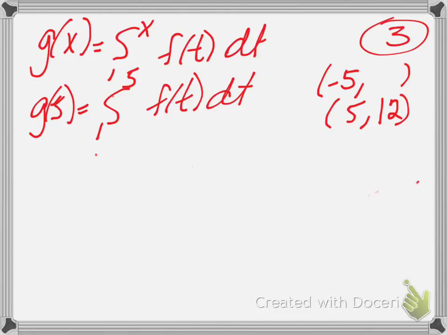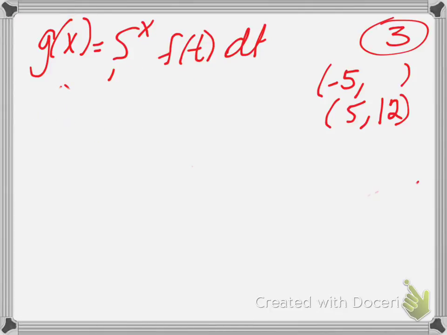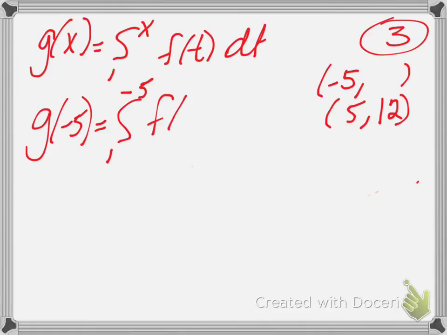Now we're going to do g of -5. That would be the integral going from 1 to -5, because we're replacing the x with -5, of f of t dt. But we can have the bigger number on the bottom, so we're going to flip them and put the smaller number on the bottom.